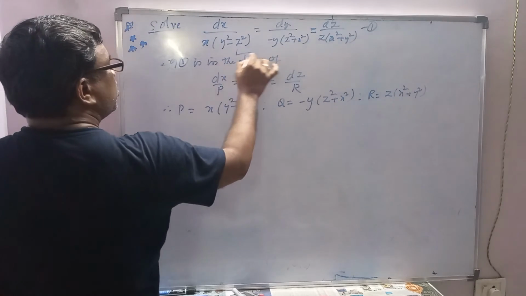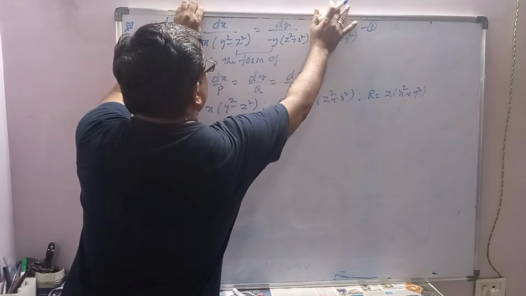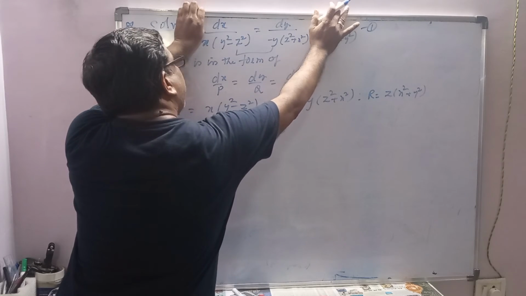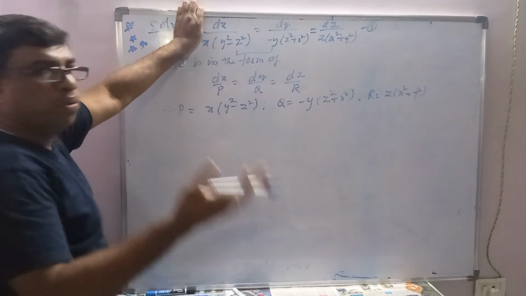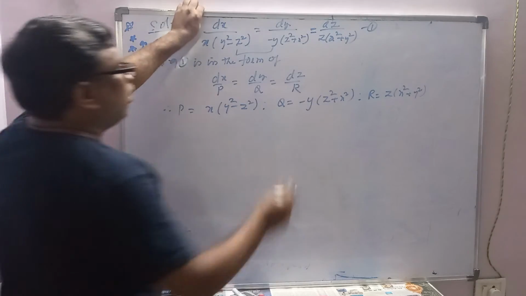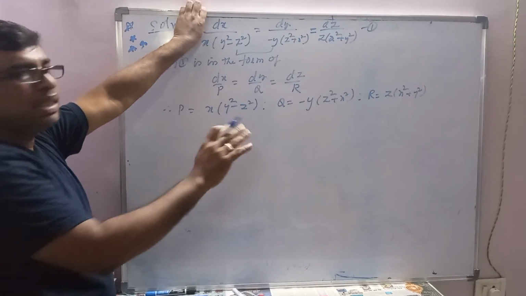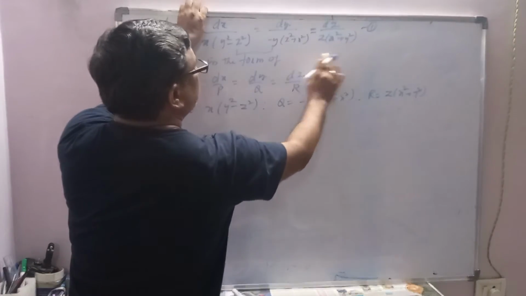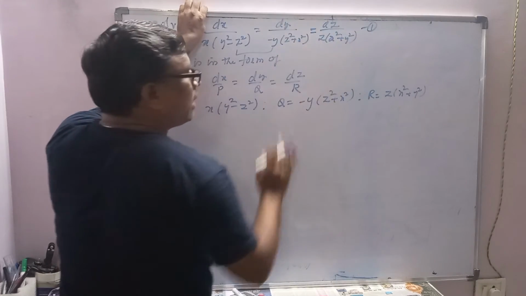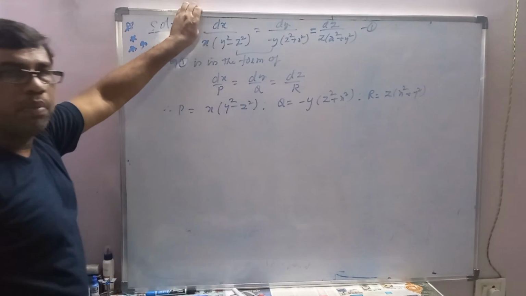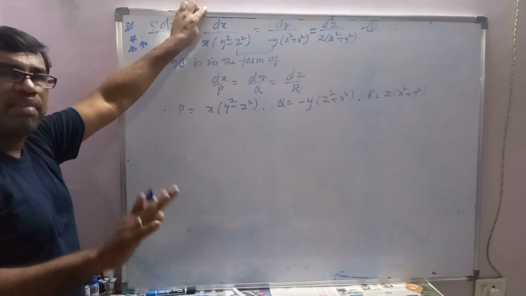If we group two of these, can it be expressed as dx by a function of x and dy by a function of y? No, we cannot. Grouping means the variable separable method: if you consider two terms, dy by something and dz by something, and simplify, it should reduce to variable separable form containing only y and z terms.